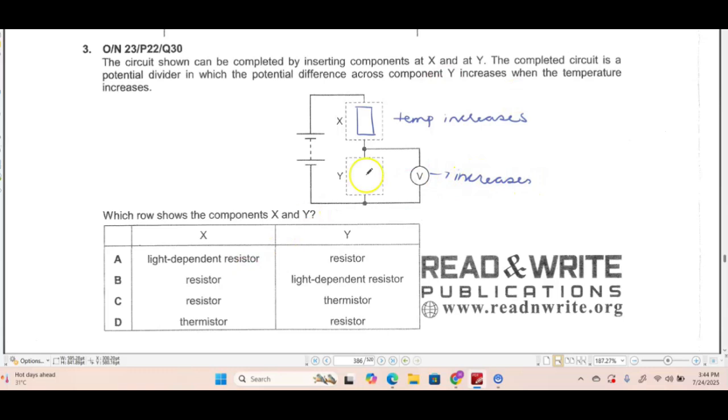So what are the two components that are going to go in X and Y?